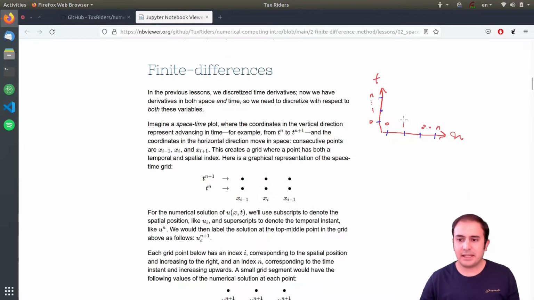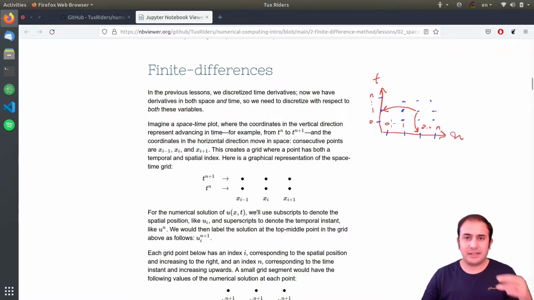Let me see if I can plot it with yellow. No, it's not visible. So like this, you see that they have different points, and each point is correlated to one x and one t. So we want to actually study the state of the system, u, at each point x over time.